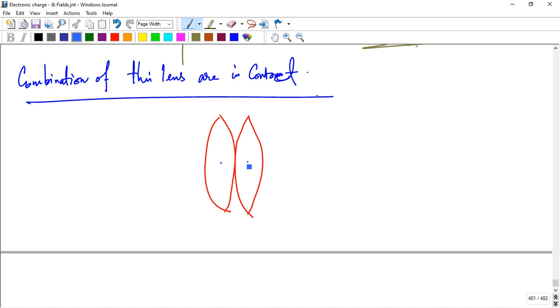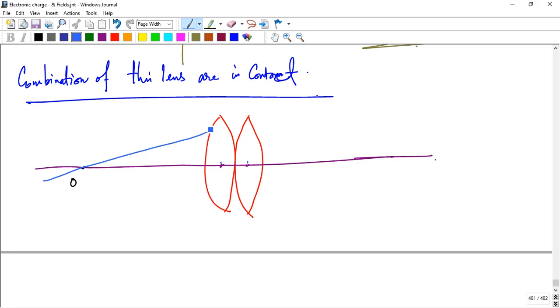Convex thin lenses. And that's the principal axis, and here is the object. The incident ray falls on the first lens. After striking, the rays pass to that point, and here the first image is created after falling on the first lens.